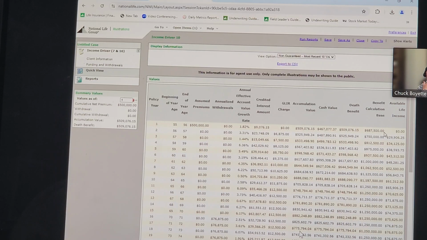Now, that 25% bonus really enhances his benefit calculation base. It doesn't do anything for his accumulation value, but what we're going to use to calculate his income, the benefit calculation base, it increases that significantly. So he gets a 25% up front, and now that 10% is going to be added every year for 10 years.